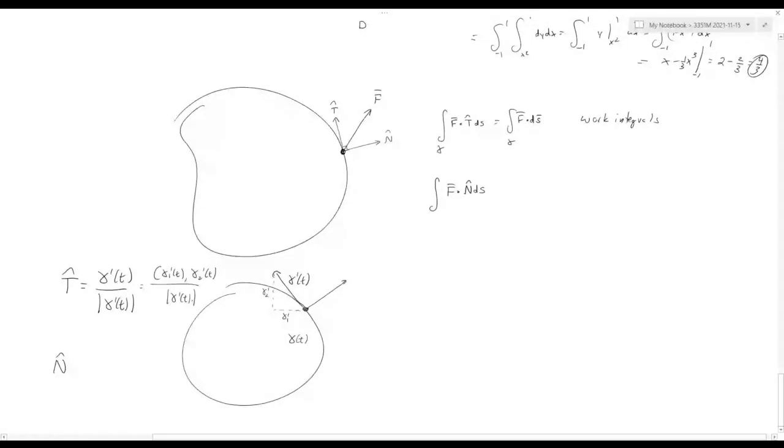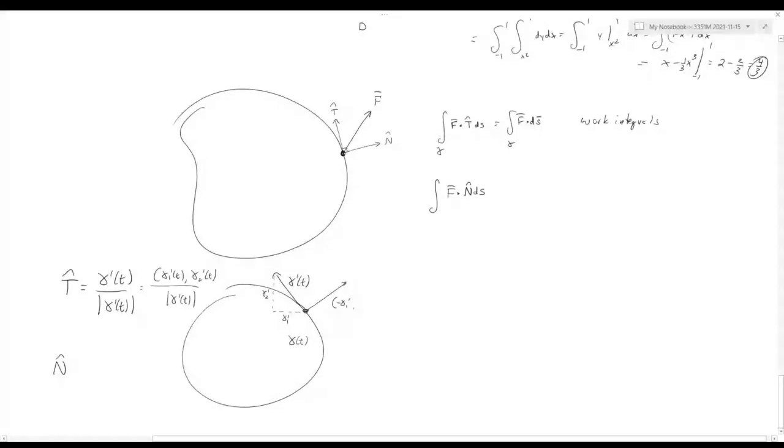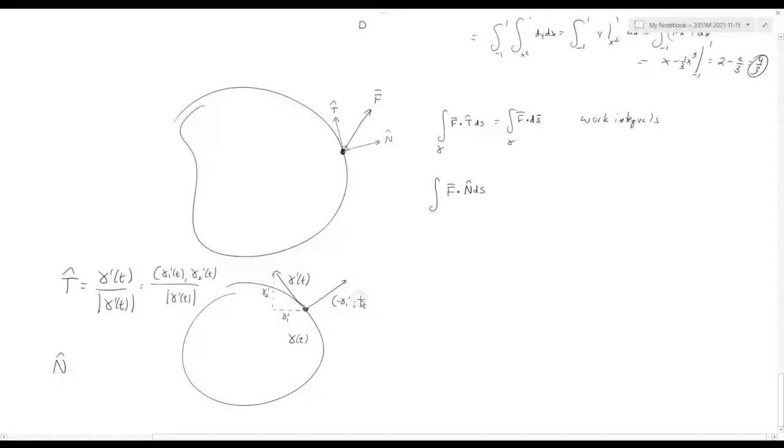So we can reason that something perpendicular to gamma prime would be, well, you would make the x component negative, and the y component, wait a minute, go backwards.